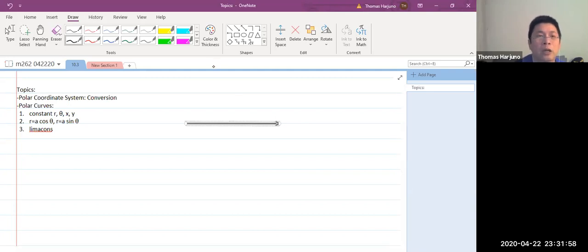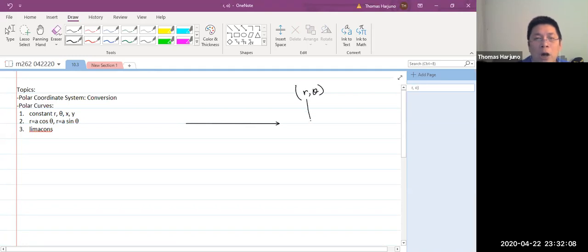And this polar coordinate system will have two components. We call that r, theta, where the r stands for the distance from the origin, and then the theta is the angle from the pole.